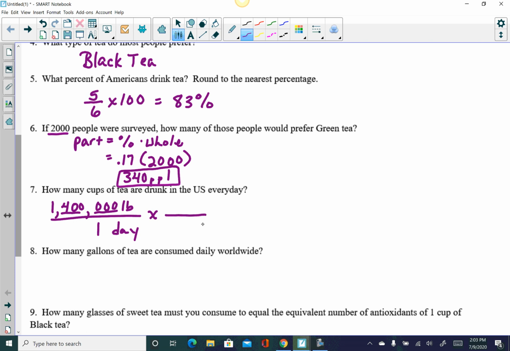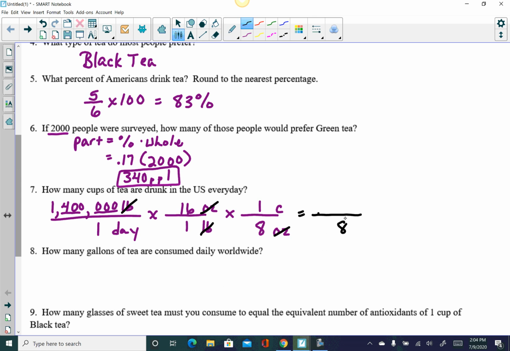So if we go from pounds to ounces, we know that there are 16 ounces in 1 pound. So now pounds have canceled out. We can go from ounces to cups, and we know that there are 8 ounces in 1 cup. And then we'll cancel out our ounces. And then we are multiplying straight across. So we can tell on the bottom that we're going to get 8.